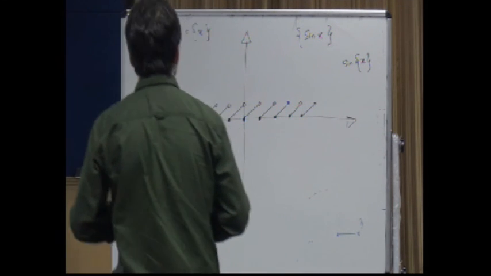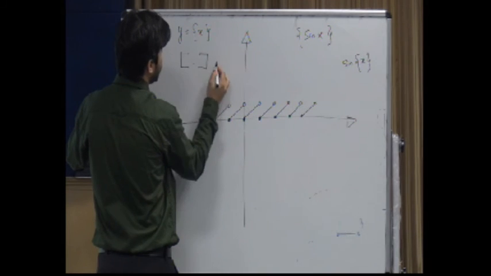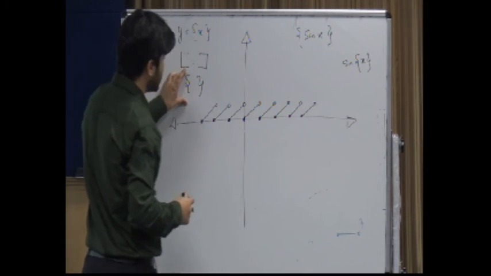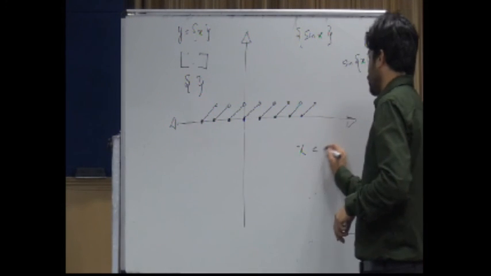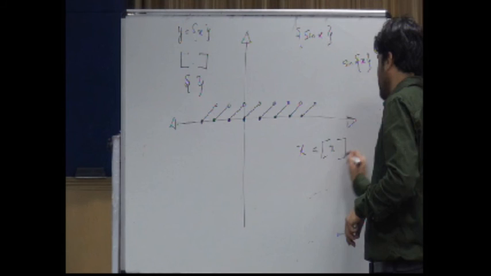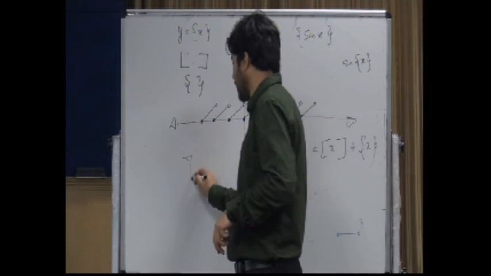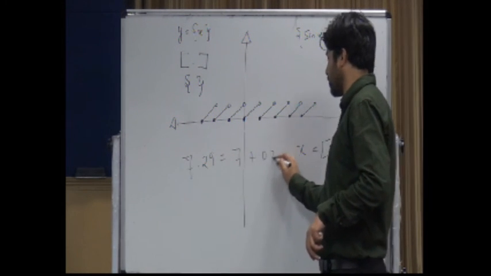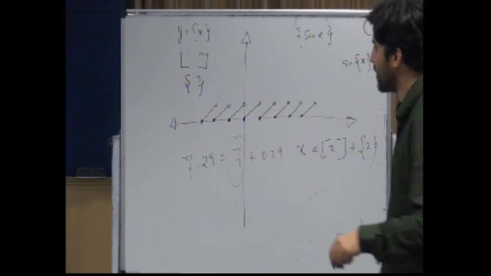The curly bracket denotes the fractional part, and the square bracket denotes the greatest integer function. Now, any number x has two things, an integral part and a fractional part. Let's say 7.29 can be written as 7 plus 0.29. So this 7 is your greatest integer part and 0.29 is your fractional part.